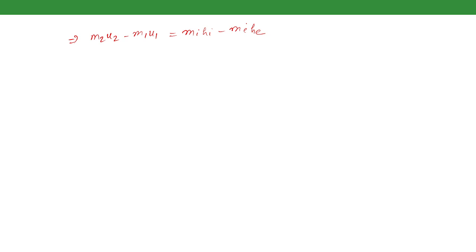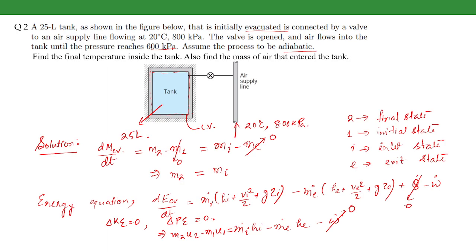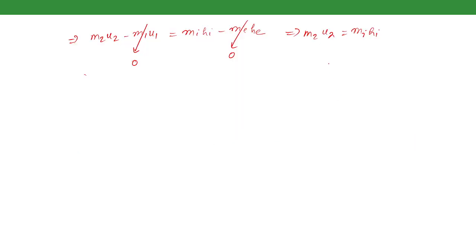There is no mass exiting the control volume, so this is 0, and it is initially evacuated, so this is also 0. So this basically gives m2u2 is equal to mihi. But we have initially seen from the mass conservation that m2 equals mi. So u2 equals hi.